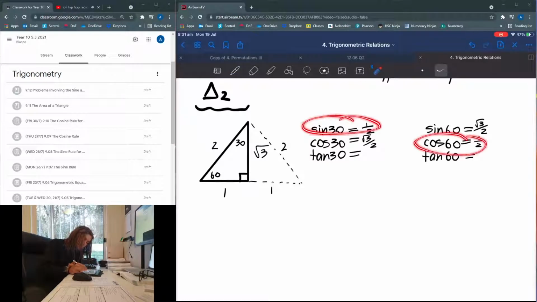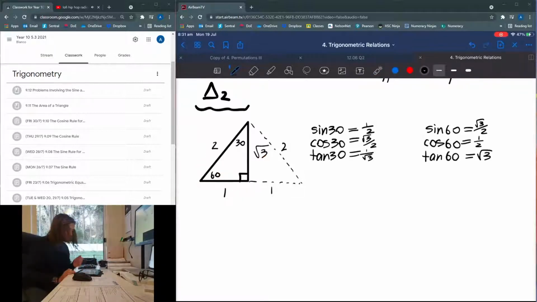Okay, so these two are the same, and these two are the same, because they're complementary. Tan's a little bit different, but let's still go. So tan 30, tan is opposite over adjacent, so 1 on root 3. Tan 60 is opposite over adjacent, root 3 on 1, which is just root 3.